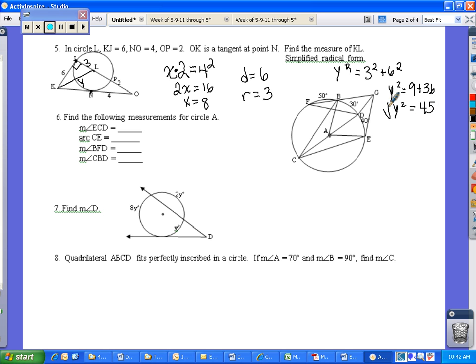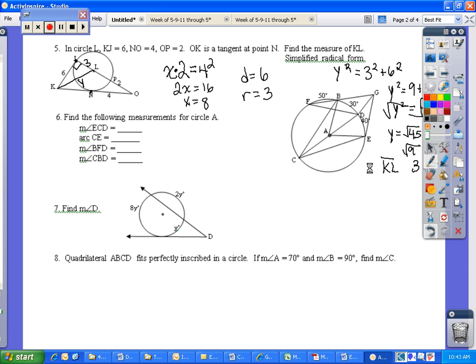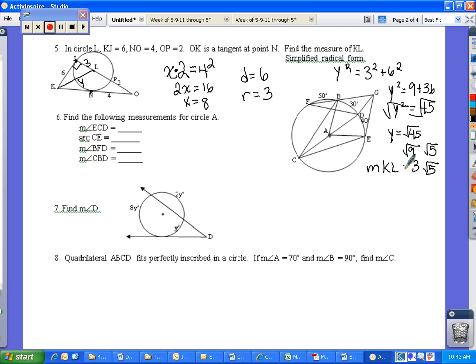If I take the square root of both sides, I get that y is root 45. To simplify root 45, I know I can multiply 9 times 5, so root 9 times root 5 is 3 root 5. So the measure of KL is equal to 3 root 5.